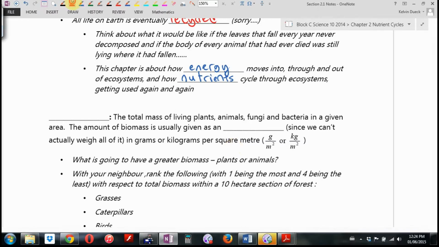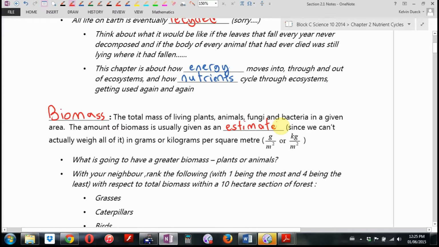Some terminology. The word biomass refers to the total mass of living plants, animals, fungi, bacteria, insects in a given area. The amount of biomass is usually given as an estimate because we can't ask every living thing in an area to step on a scale for us, please.